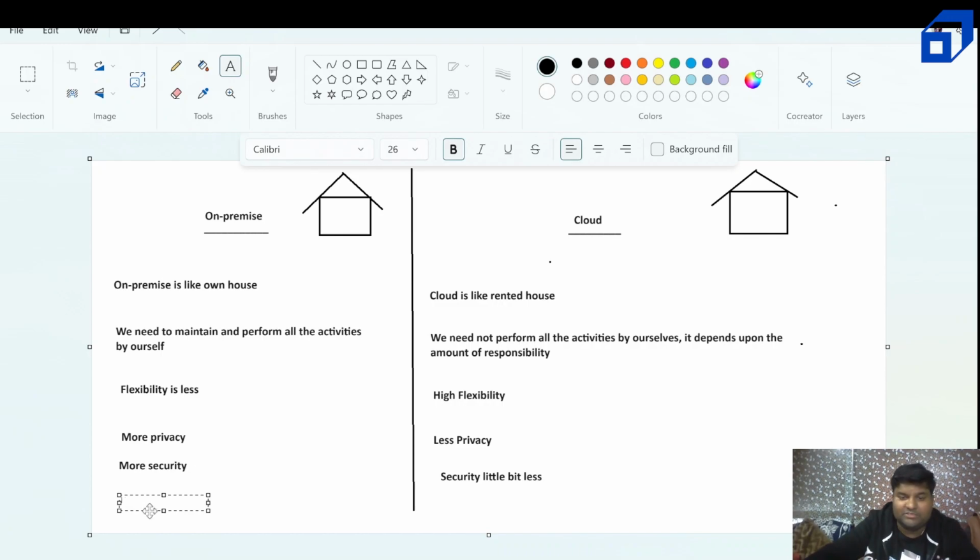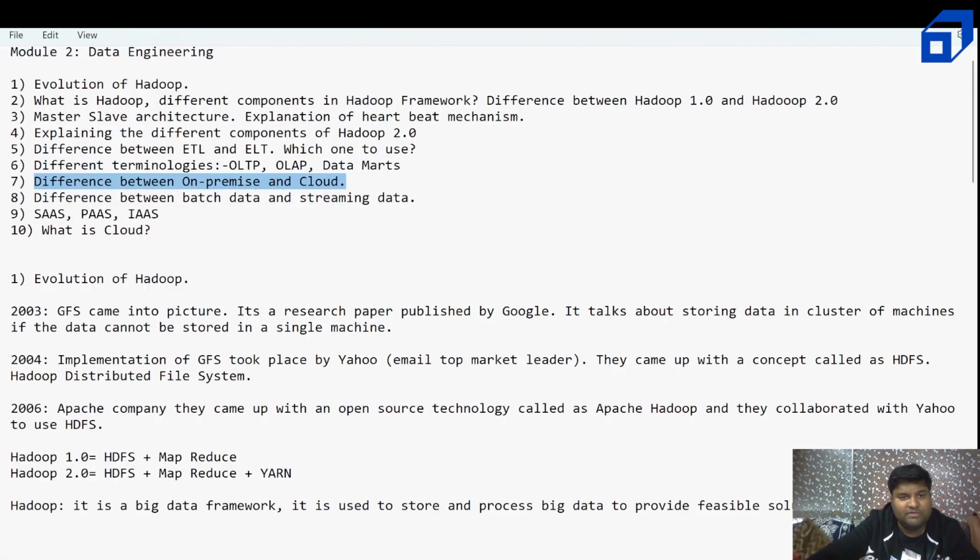Let me go to the next topic. We discussed ETL, ELT, the different terminologies like OLTP, OLAP, and data marts. Just now we have discussed on-premise and cloud. Now let's talk about batch data and streaming data. Before I talk about that, we also discussed cloud.